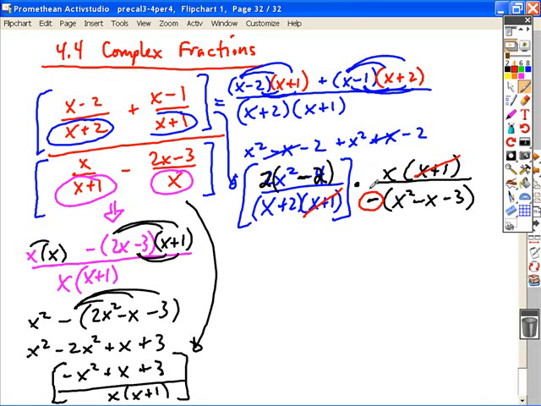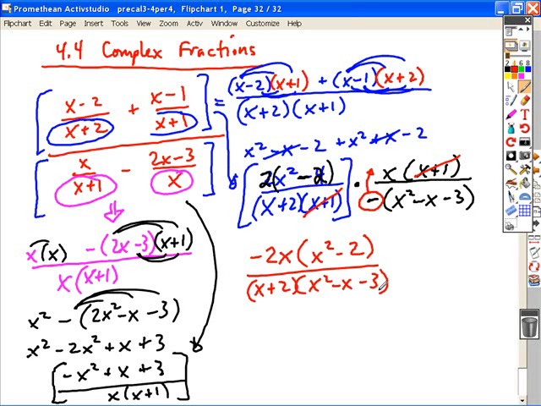I'm just going to move it up to the top because now I have a negative 2x. And then I have this x squared minus 2. So there's my factors in the numerator. In the denominator, I have an x plus 2. And I have an x squared minus x minus 3. Okay, again, I've written my binomial before my trinomial factor.